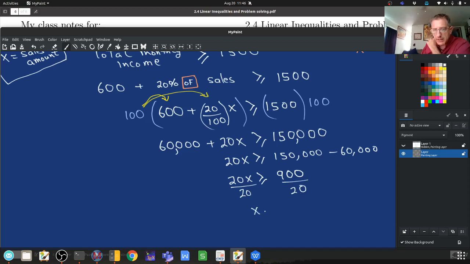And I get x is greater than or equal to 9,000. X is greater than or equal to 900 divided by 2, which is this? Sorry, people, I'm just kind of doing things in my head.